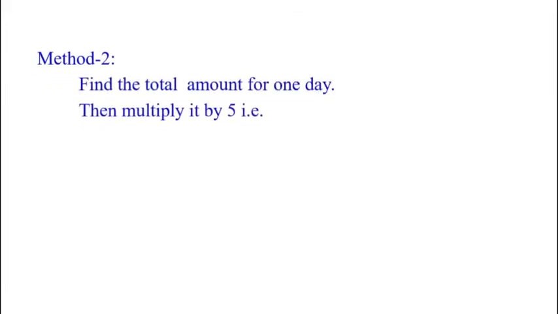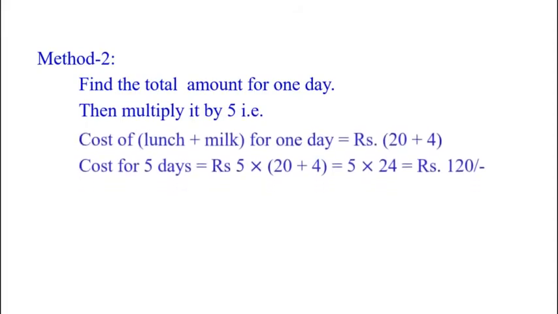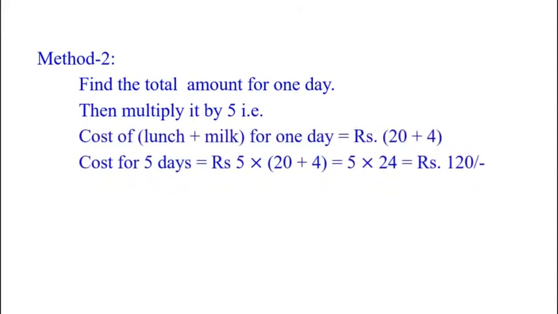find the total amount per one day, then multiply it by 5 to find the total amount for 5 days. The cost of lunch plus milk for one day is equal to rupees 20 plus 4, that is equal to 24. Then the cost for 5 days is equal to rupees 5 into (20 plus 4), that is equal to 5 into 24, that is equal to rupees 120.